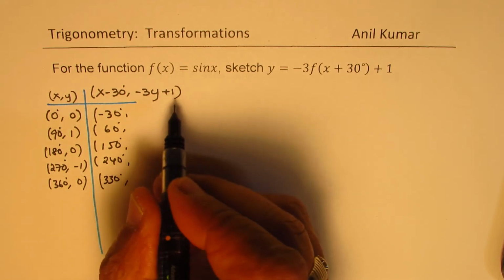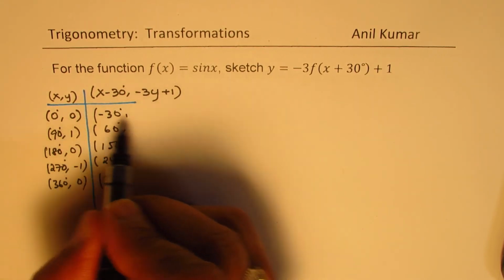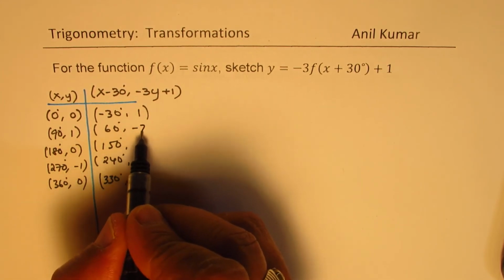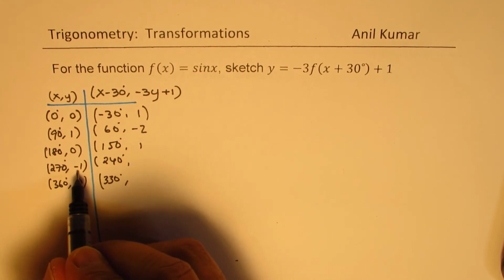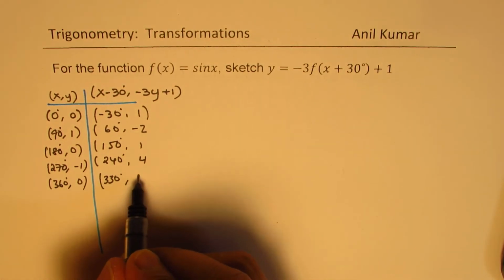To the y values, we are multiplying first by negative 3 and then adding 1. So negative 3 and 1 will give you 1 for this. Negative 3 plus 1 will be negative 2. Here it will be back to 1. Negative 3 and negative 1 becomes positive 3. And when you add 1, it becomes 4. And in this particular case, it is going to be 1.